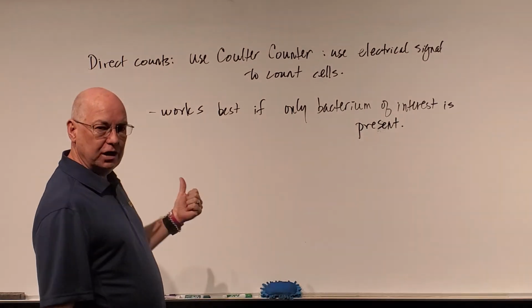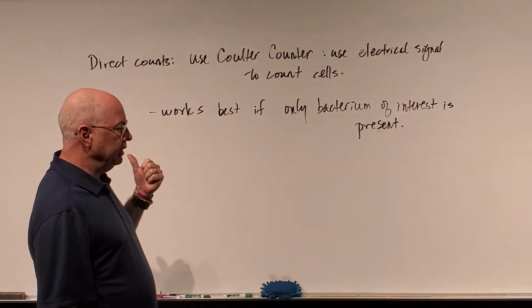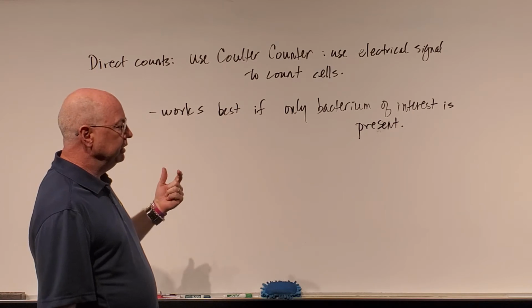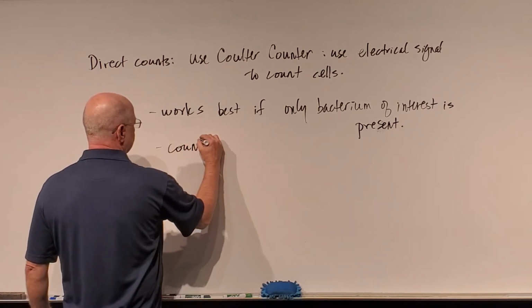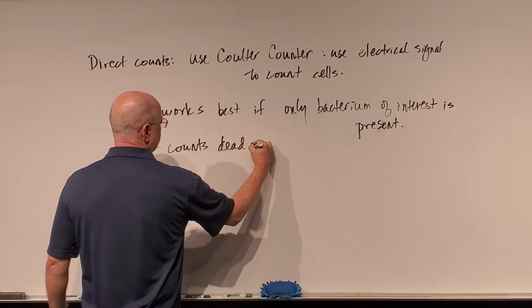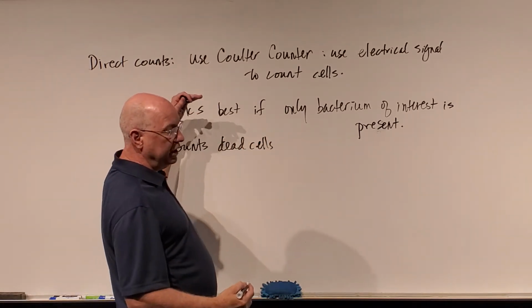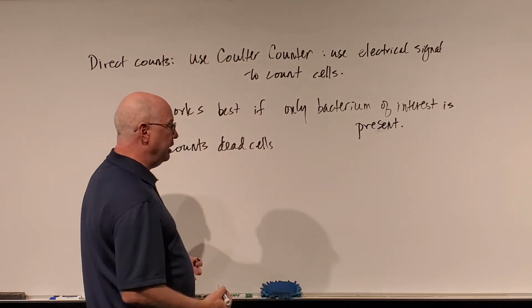So you've got to make sure you have a pure sample and there's no contamination. And also, it can count dead cells. So whether the cell is alive or not, if it passes through, it's going to count it.